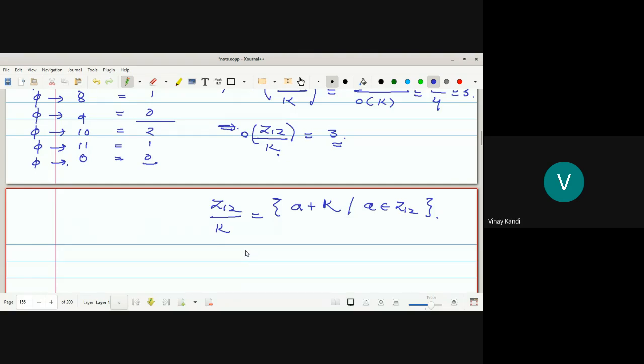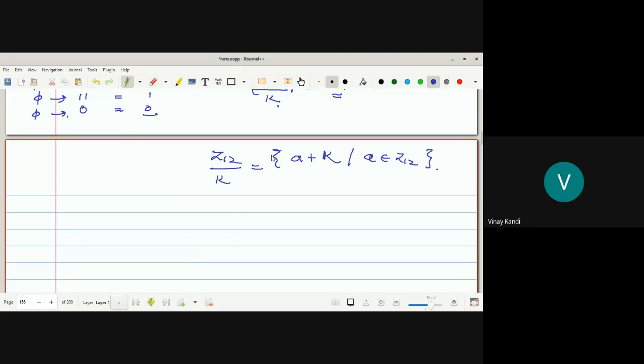Suppose G by H, how do we write it? a plus H such that a belongs to G. Here what is G? G is Z12. What is H? H is the kernel of phi. Any doubt? So Z12 upon K is equal to a plus K such that a belongs to Z12.